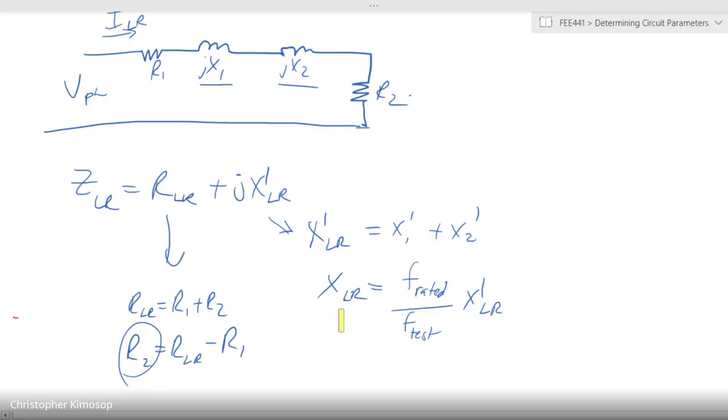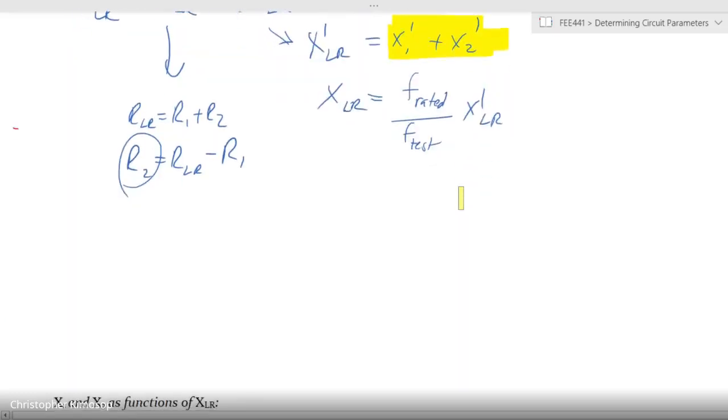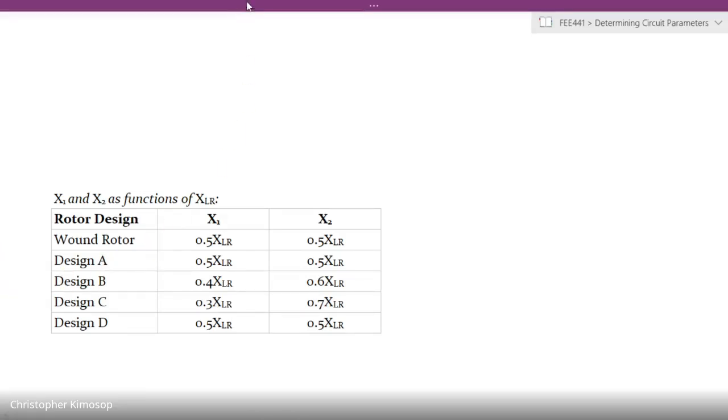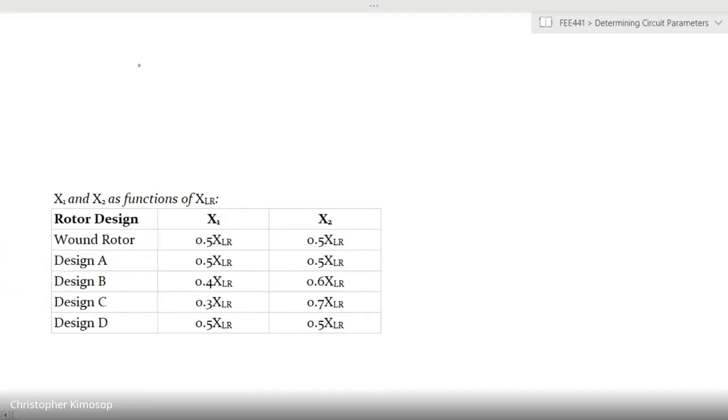Now, note that our XLR is giving us two variables in this case, okay? What we usually do with this information is we take into account the design. There are characteristics of the designs of the rotors that are known, and they give the relationship between X1 and X2 due to how the rotor has been designed.